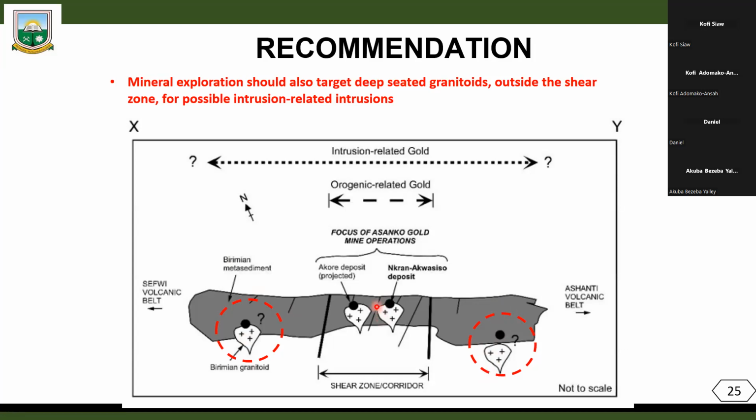So if this is partly an intrusion-related system that has been overprinted by an orogenic related system, then I suggest that mineral exploration should also target zones outside this area.